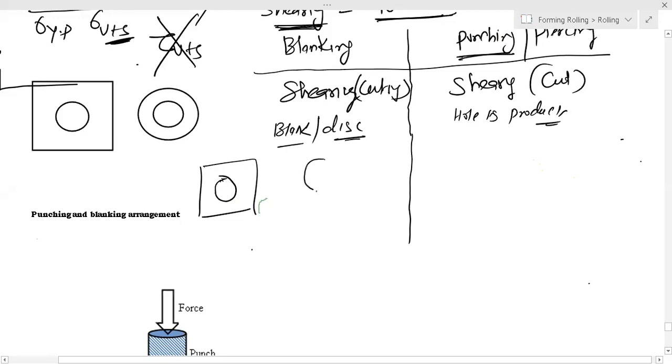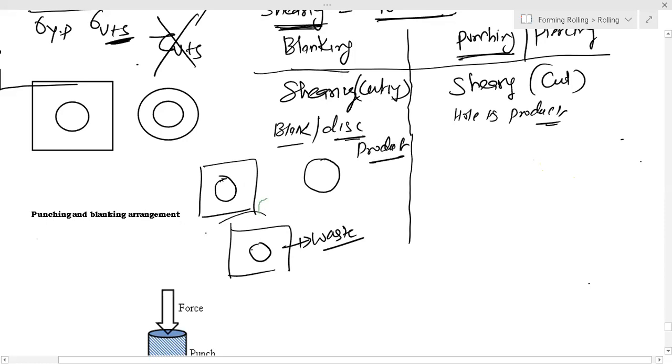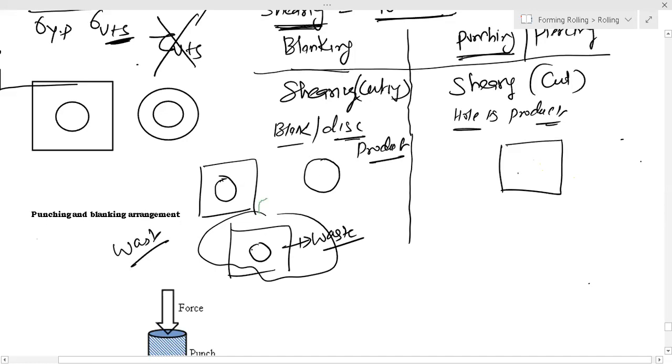So this is your product, and this one is your waste. So in blanking operation, this disc is your product, and this is your waste. But in case of hole, this is your product and this is your waste.